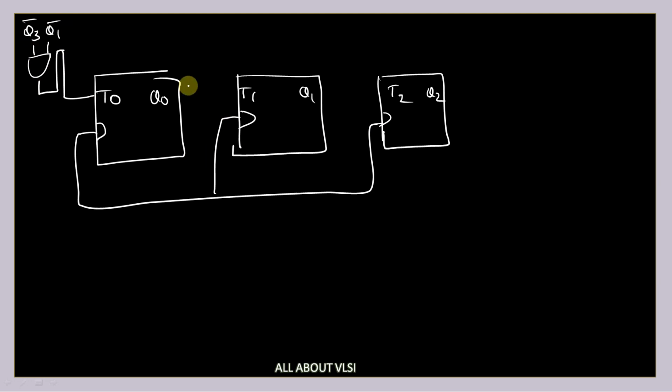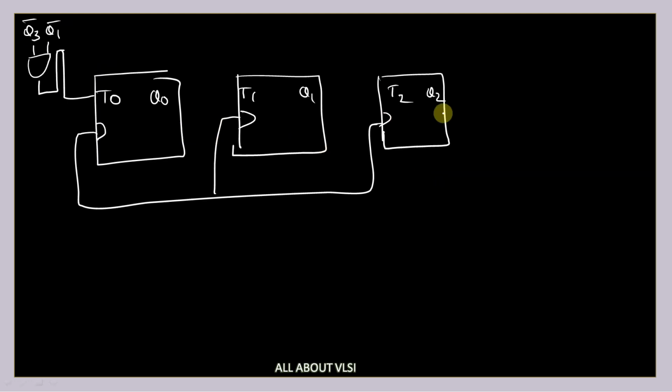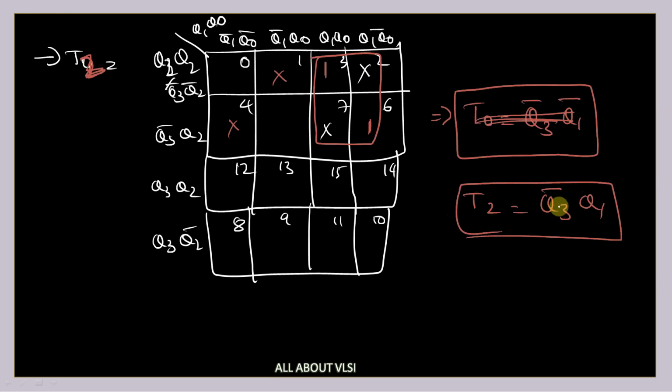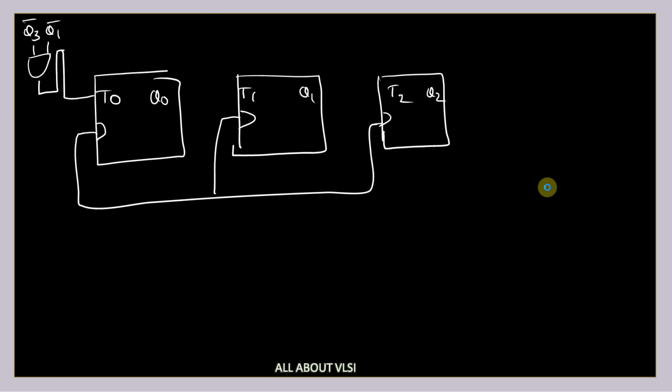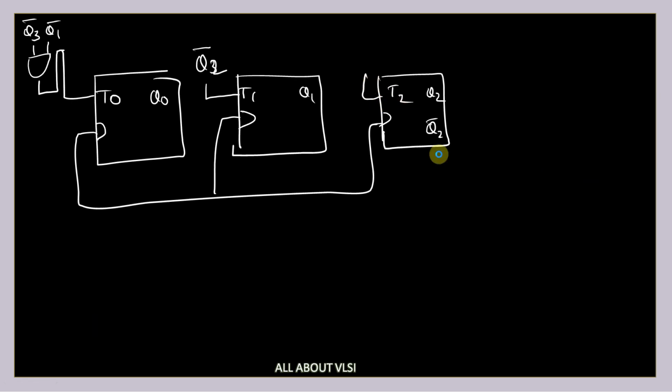Coming to T1, it is Q2 bar into Q1, Q2 bar into Q1. And coming to T2, sorry, T1 is simply Q3. And coming to T2, it is nothing but Q2 bar into Q1.